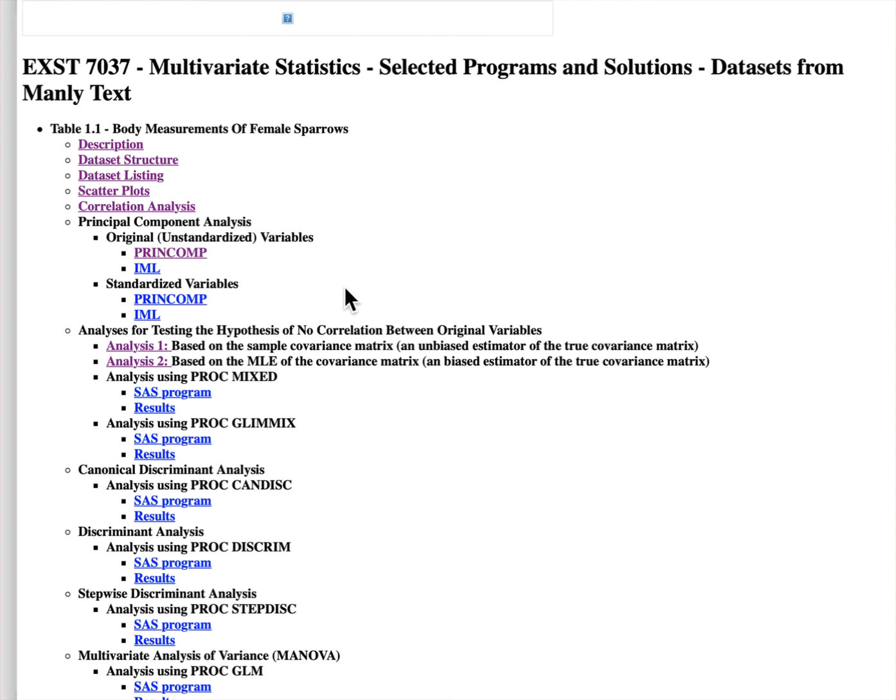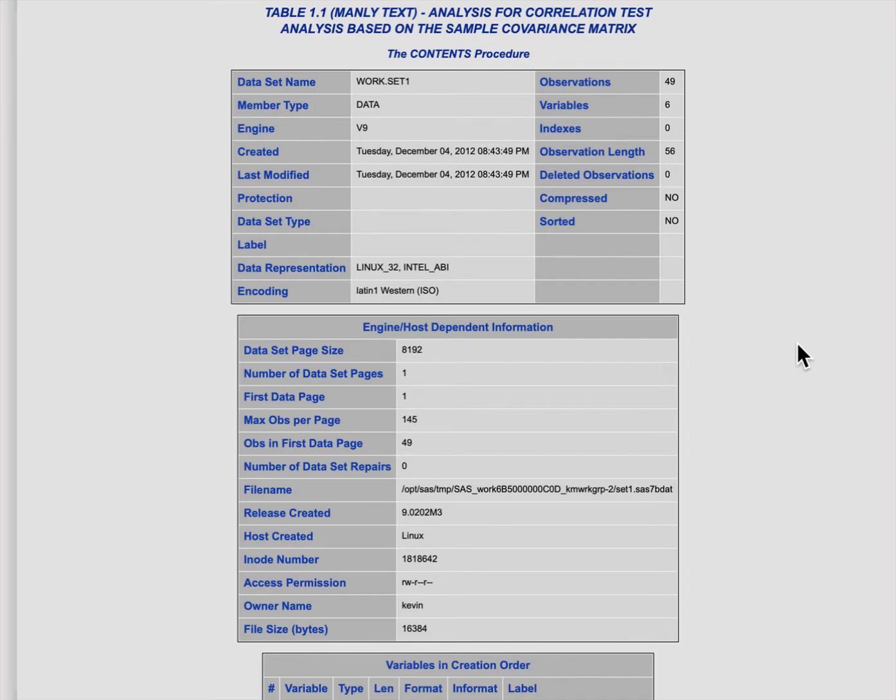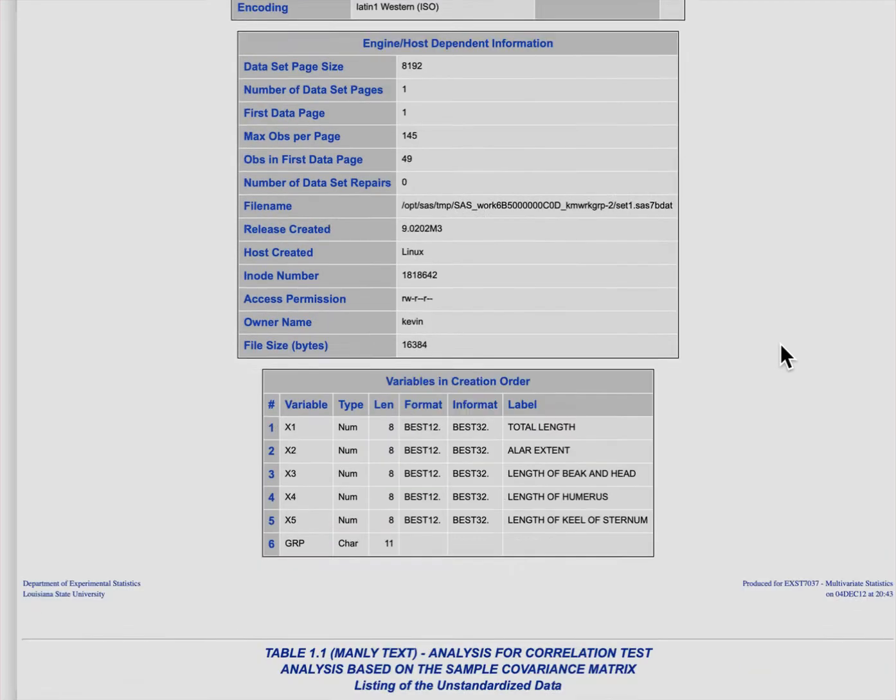Now, instead of having to do the principal component analysis, identify these values, and plug them into a calculator by hand, we could also write a program to extract the characteristic roots and the estimated variances. And that is what I've done here using PROC IML.